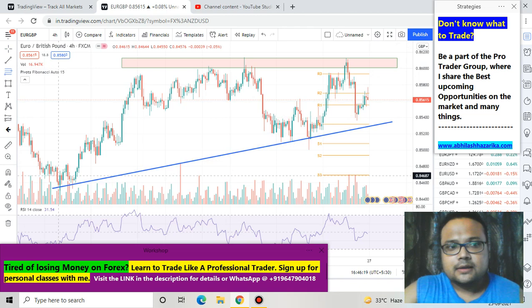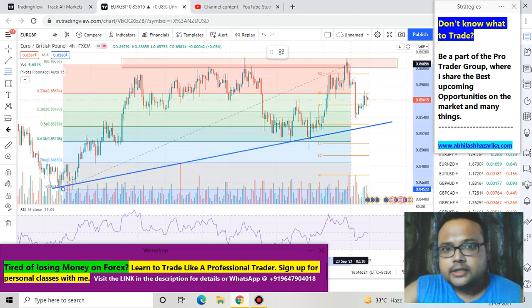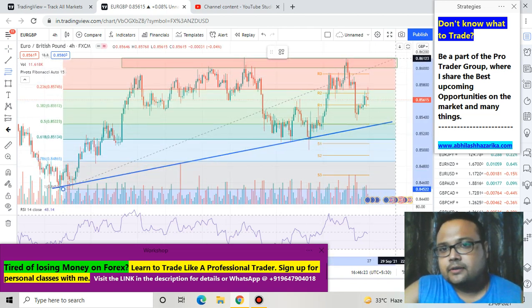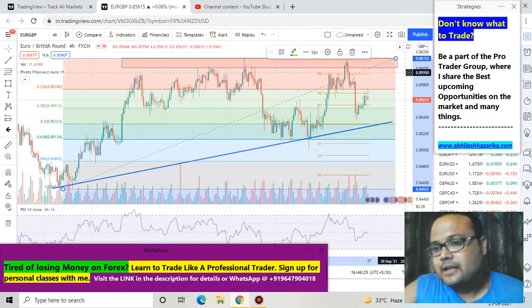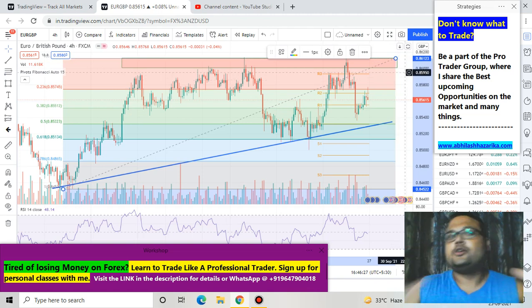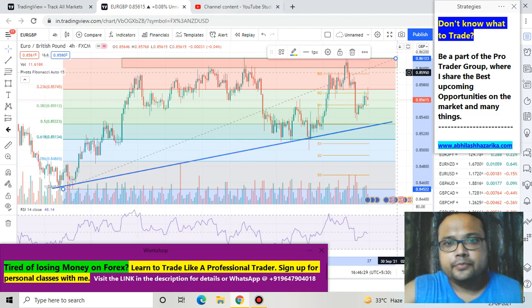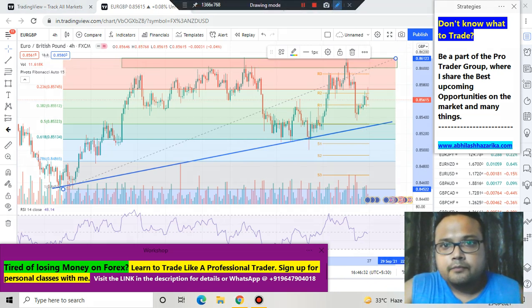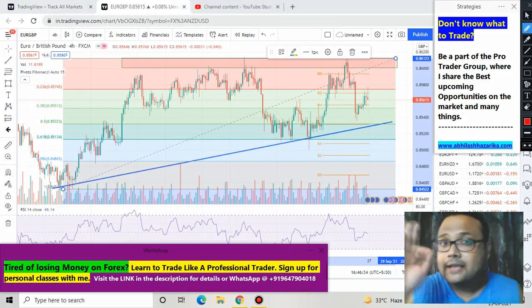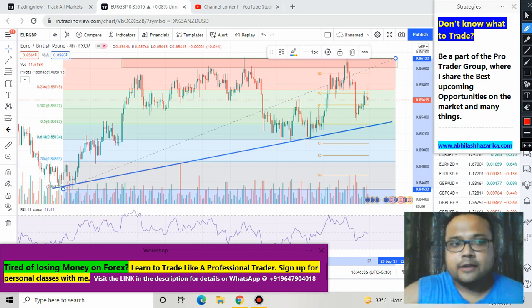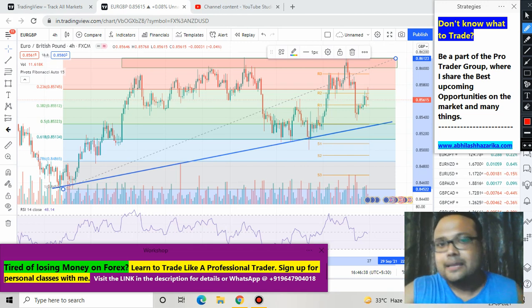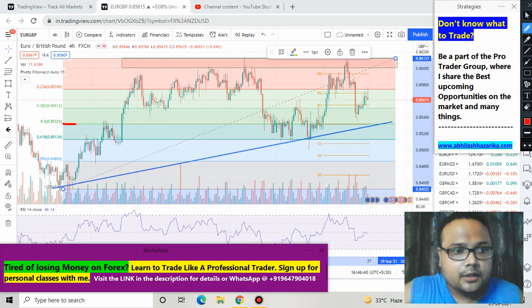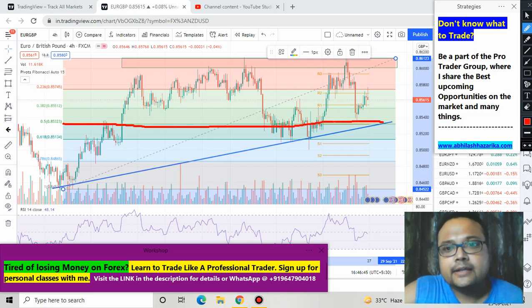But once I drew this Fibonacci retracement level, the picture became very clear to me. Listen to me carefully: apart from this trend line as a dynamic support, we also have the Fibonacci 50% retracement level at this trend line.